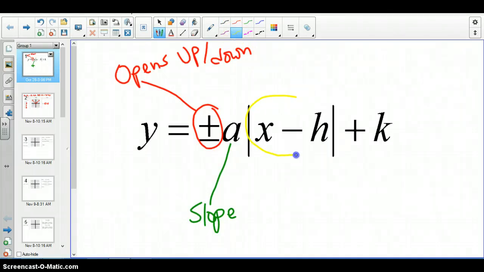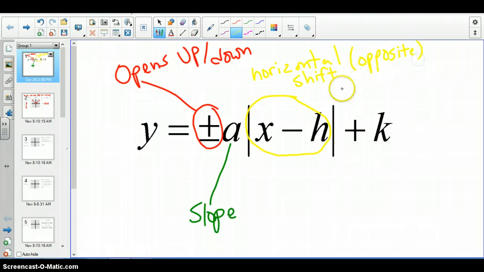X minus H, the stuff inside of here, this is our horizontal shift. So here we're going to do the opposite of this number, and I'll show you what I mean here in a little bit. It is also the x of our vertex.